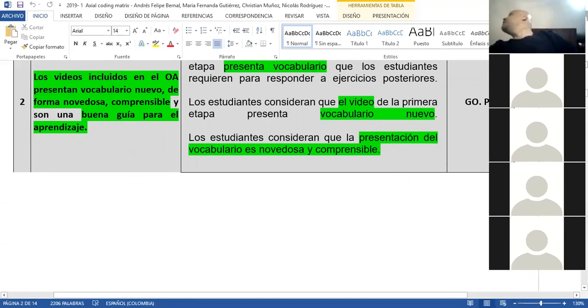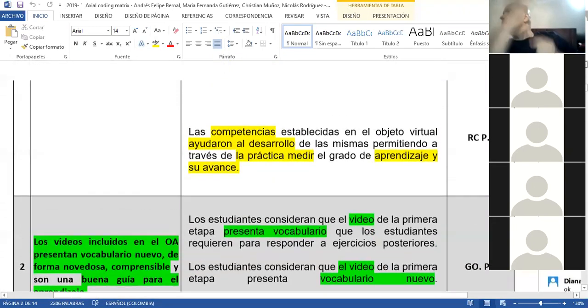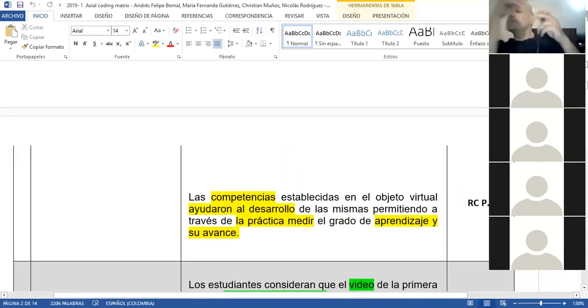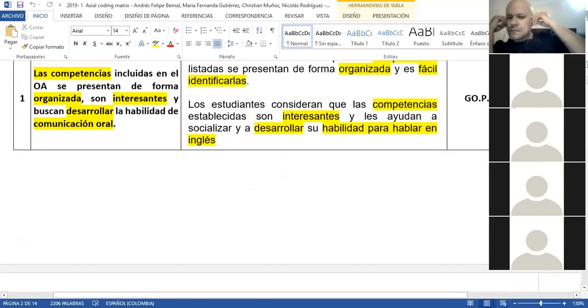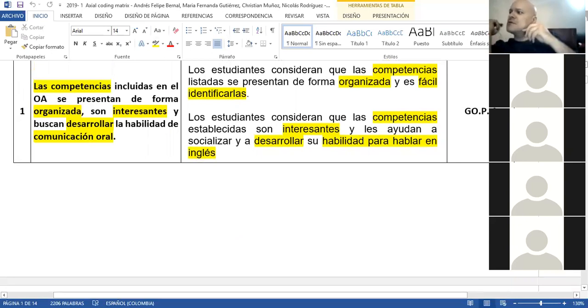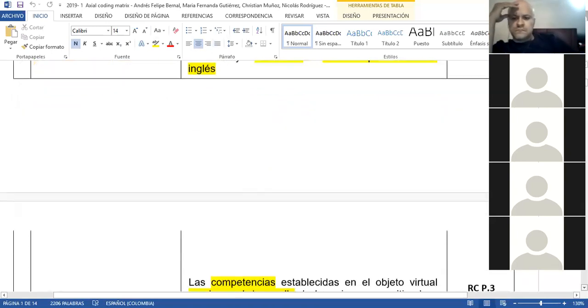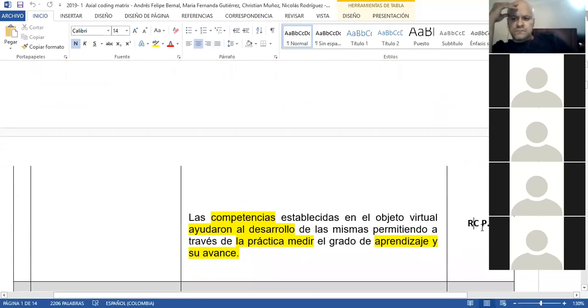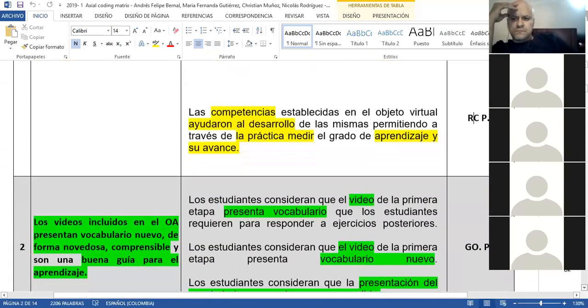So in this matrix, we can see that the new codes are related to competences. It says, las competencias incluidas en el objeto de aprendizaje se presentan de forma organizada, son interesantes y buscan desarrollar la habilidad de comunicación oral. This new code is supported on two students' opinions, GO and RC.